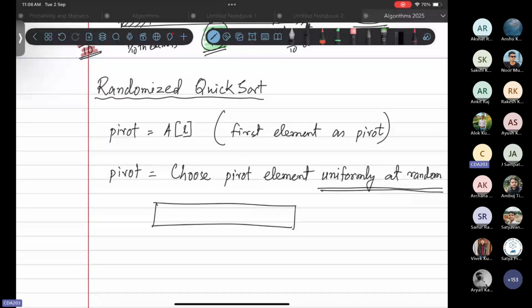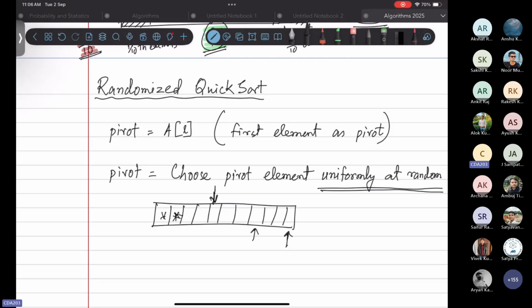Suppose I have these elements. I can take this one as my pivot, or this one, or this one.